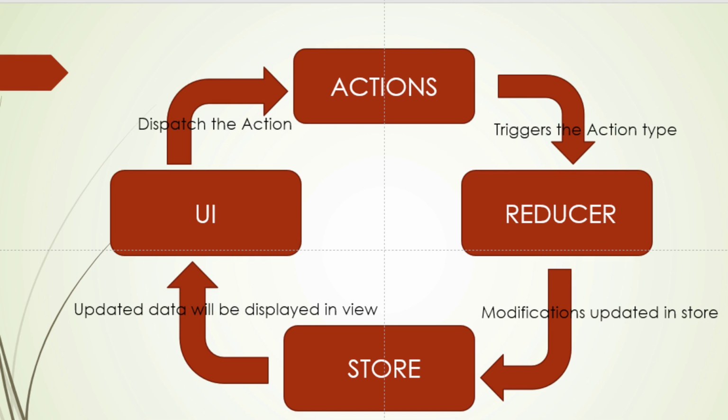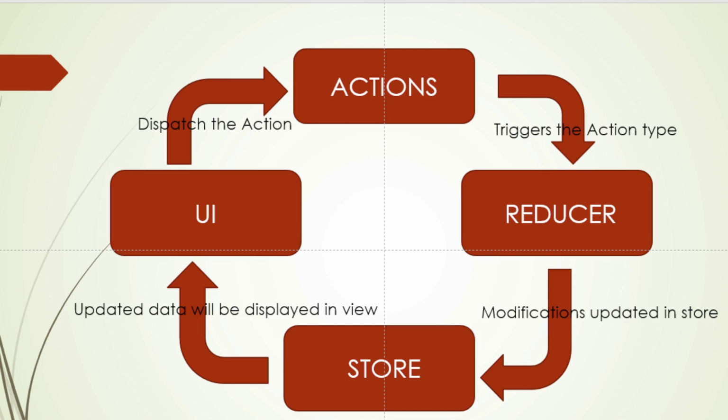So from the UI, our components will trigger the action. By using useDispatch, we will trigger the action with the type we mention. Based on the action type, only that case will be triggered in the reducer, and the reducer, based on that action type and the data we are passing to change, will update the state.